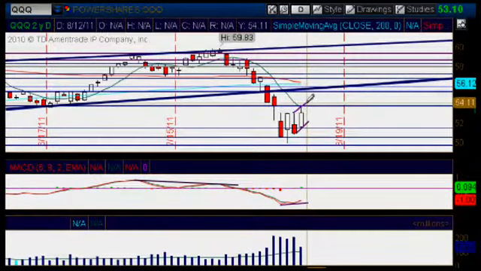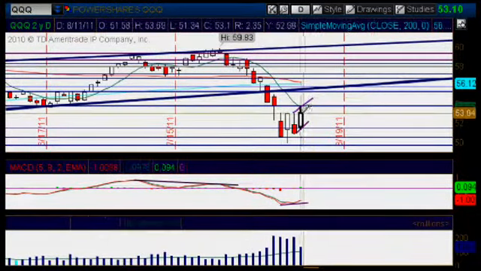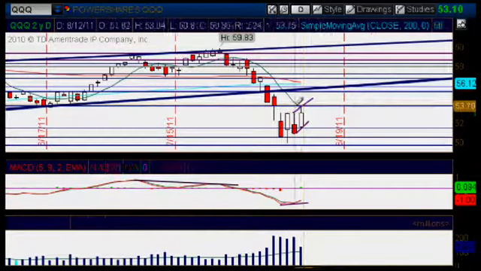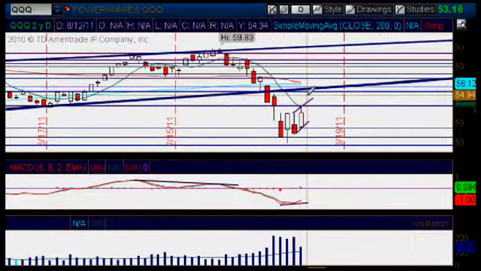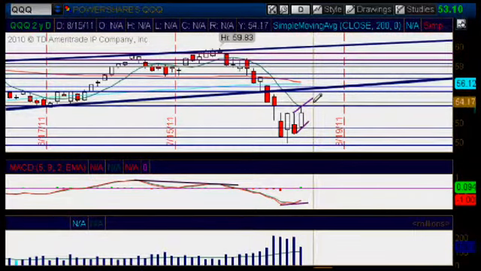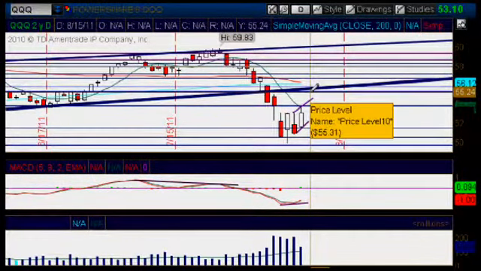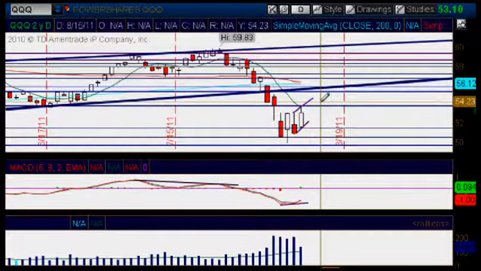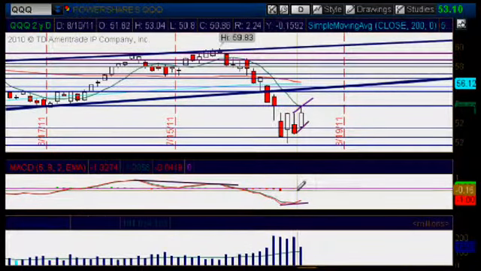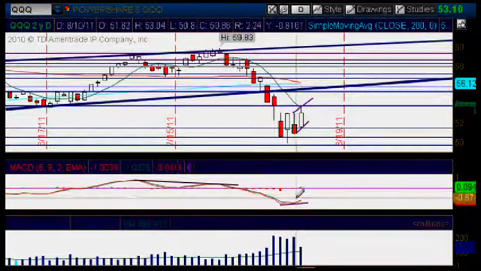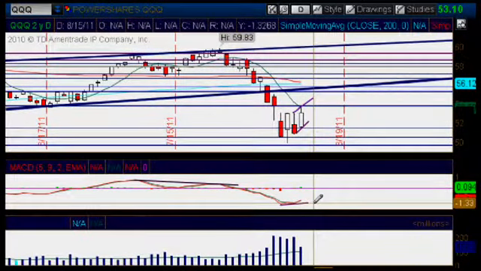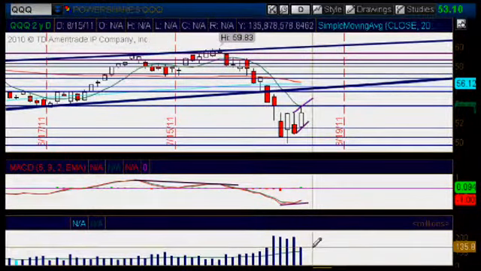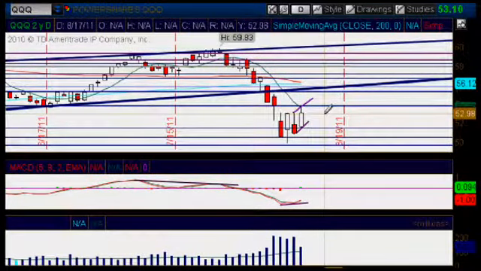That breakout to the upside and then break out through all major areas of resistance on our way up, and then I will be looking for a little bit of a bounce to that next area of resistance up here, the 55.30. So that is what I'm after. Also, I will have to see a confirmation on the MACD and a confirming volume. So that's what I'm really looking for.